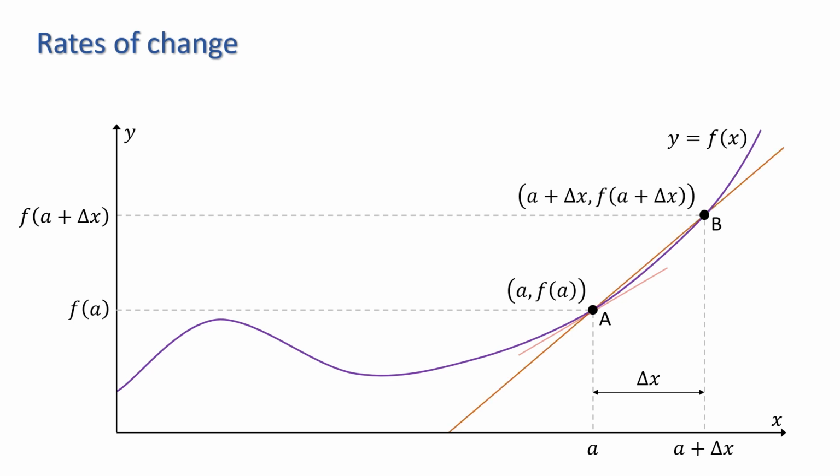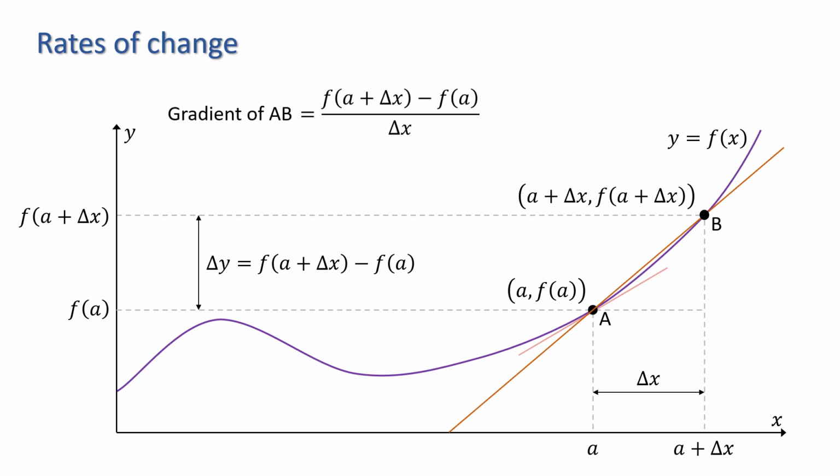What's the gradient of this line? We can see that the increase in y, delta y, is f(a + delta x) minus f(a). Thus, the gradient of AB is f(a + delta x) minus f(a), divided by delta x.